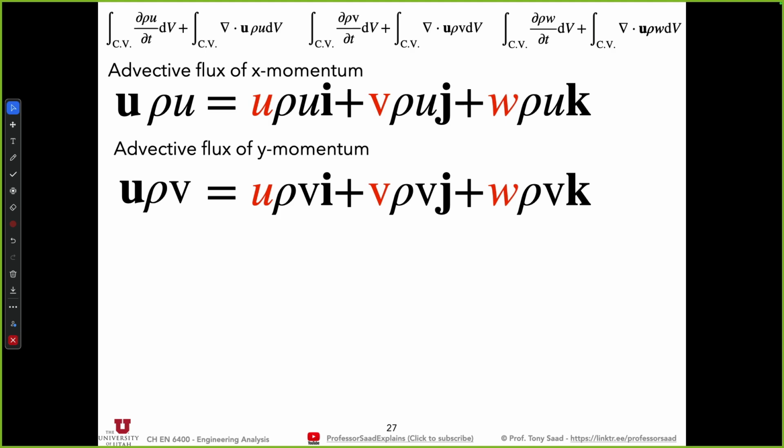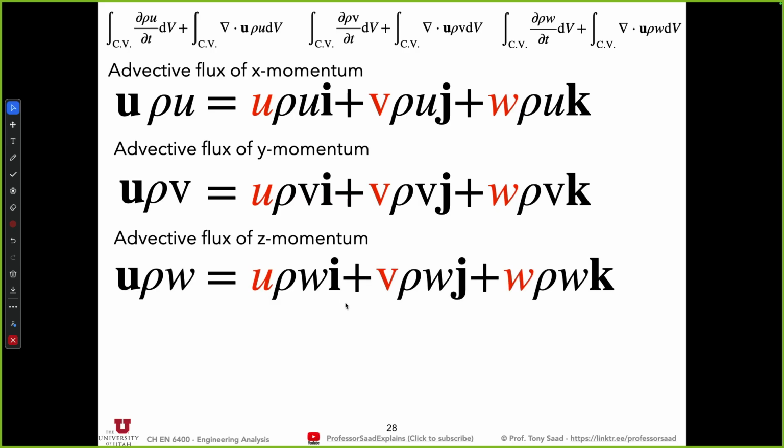Next, when we draw a control volume, you're going to see y momentum coming on x faces, y faces, and z faces, all from all directions, but it's still y momentum, okay? And finally, the advective flux of z momentum, u vector, velocity vector field, rho w, is also being advected in all three directions.